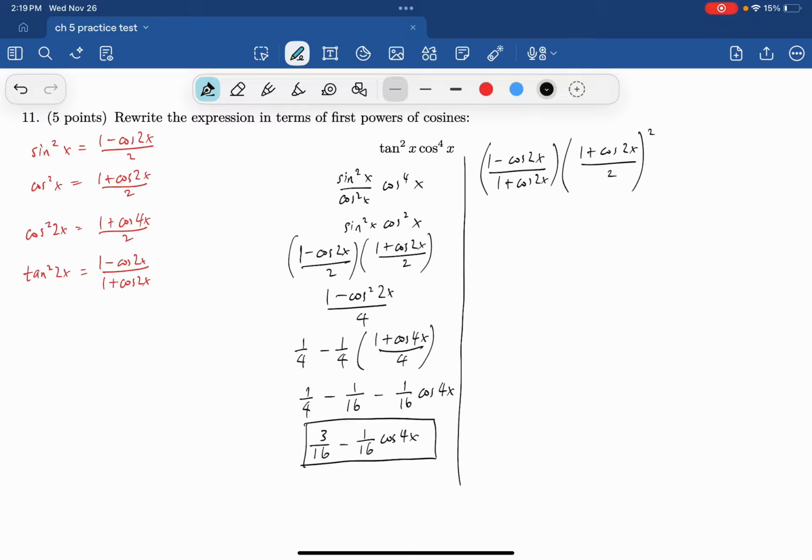But then you should notice that a lot of things cancel out. And we're just going to be left with 1/4, right? Because we have a 1 plus cosine 2x squared here and a 1 plus cosine 2x. So this just leaves us with 1 minus cosine 2x times 1 plus cosine 2x, which directly goes to there anyways.